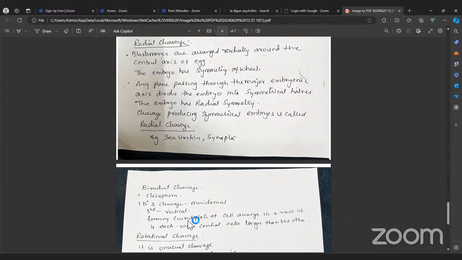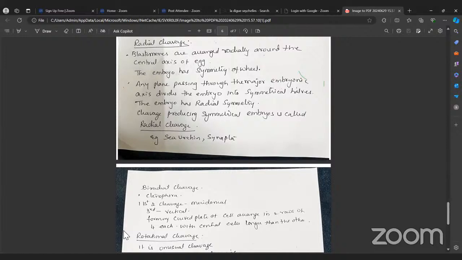When you see this radial cleavage in case of synapta and sea cucumber, sea urchin, the first cleavage that occurs will be vertical.